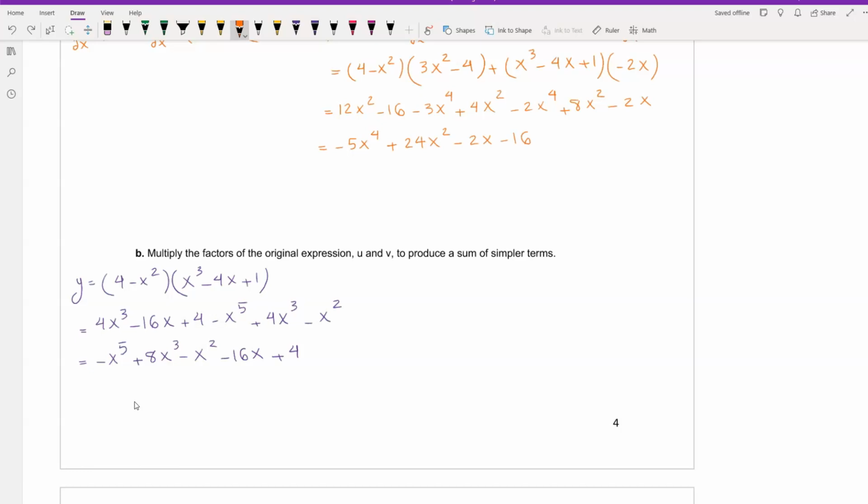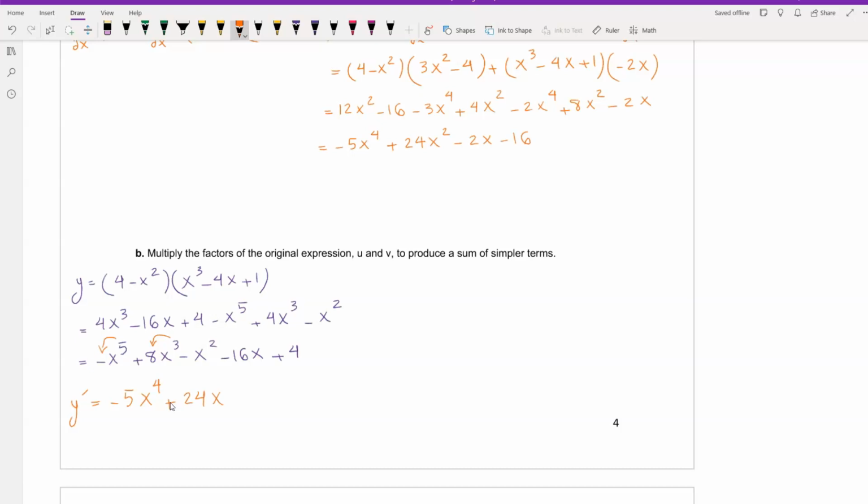Now finding the derivative, y prime, that is equal to, so move this one to the left side, we have negative 5 x, power is 5 minus 1, so here we have 4, plus 3 times 8, we have 24.